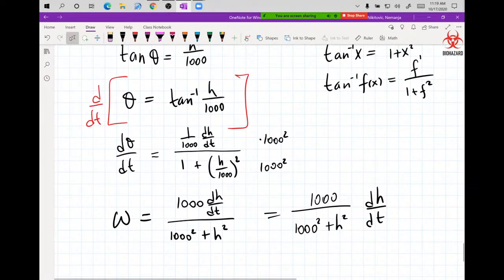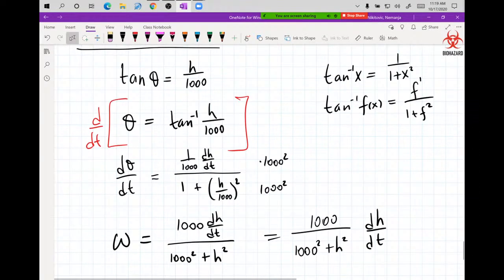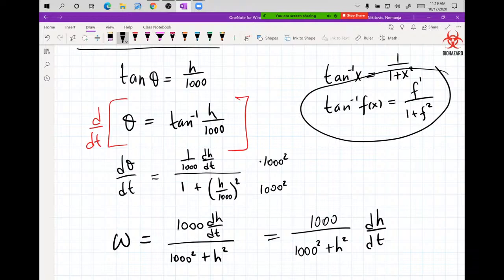Tangent h over 1000. And when we take the derivative, it's a chain rule. So we have to use this one. That's the formula. So we have h over 1000. And the only thing that I'm losing is still, it's not the formula to have this, obviously.